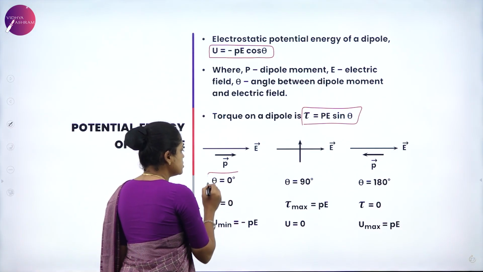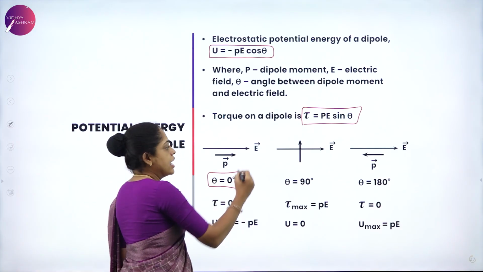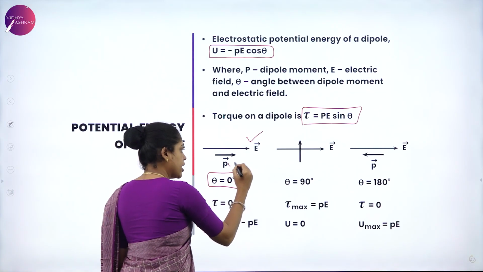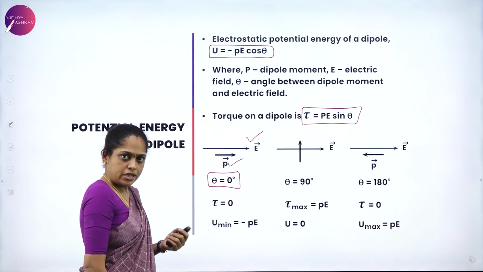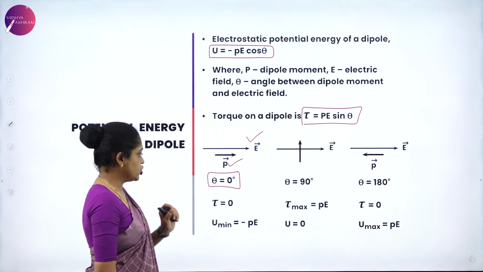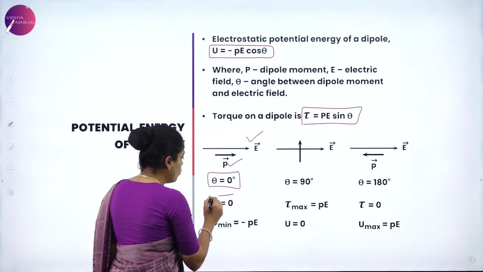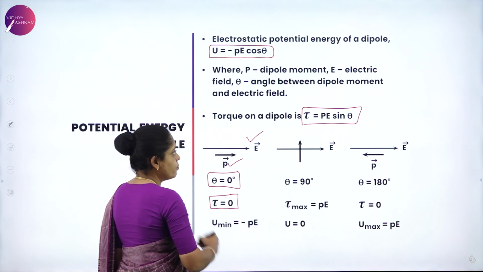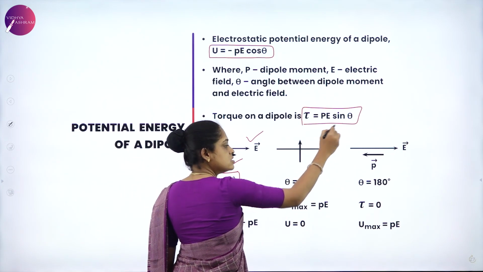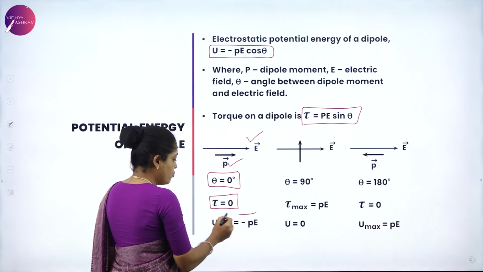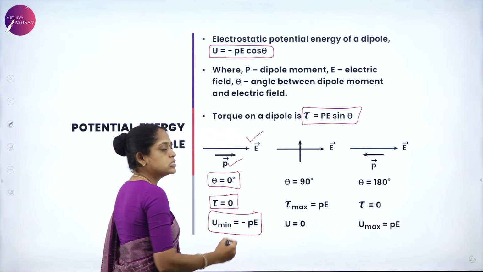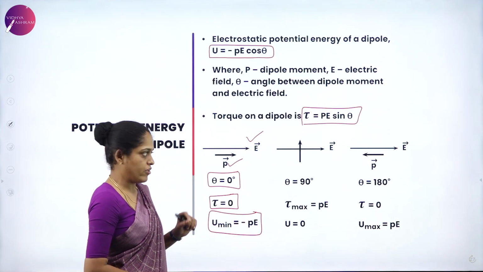When theta is 0 degree, that is the electric field and the direction of dipole moment are in the same direction, then tau is equal to 0 because sin 0 is 0, and potential energy is equal to minus PE as cos 0 degree is 1.